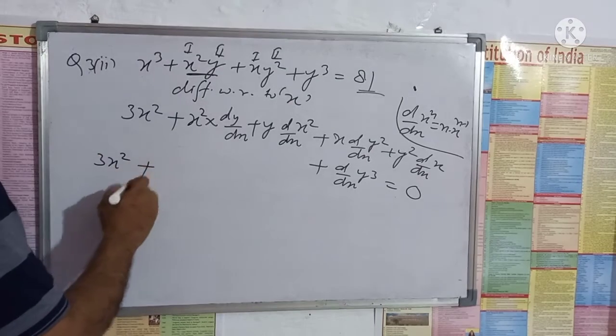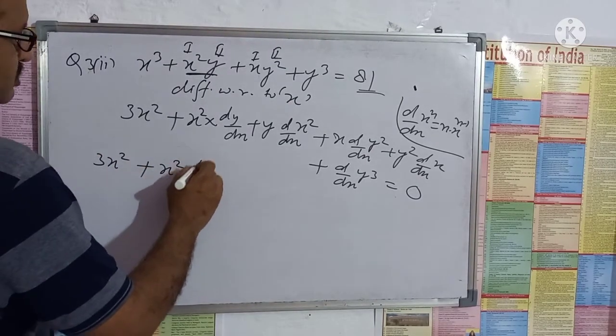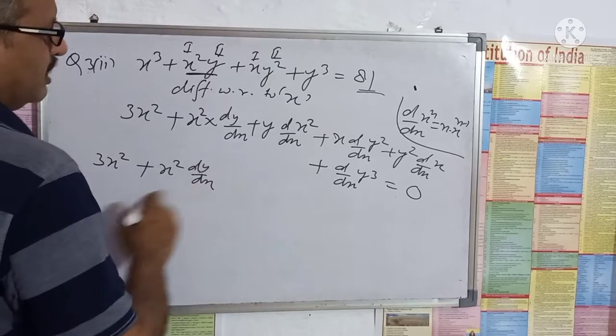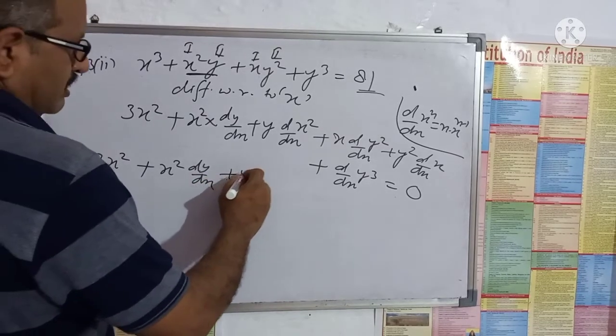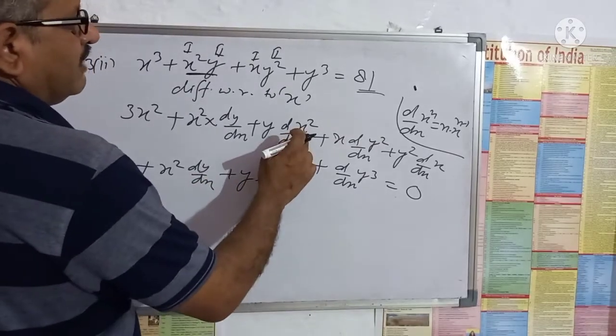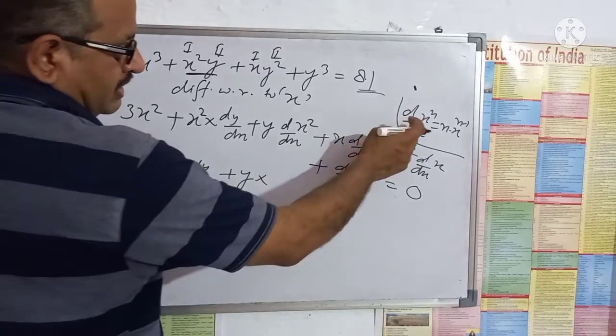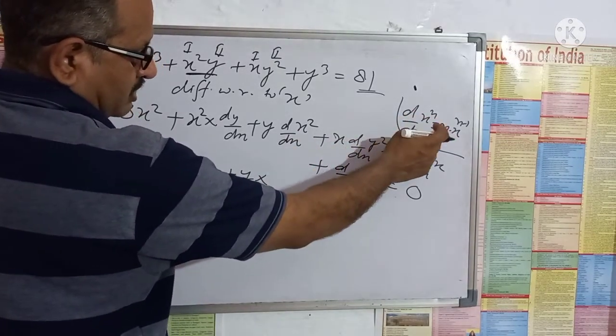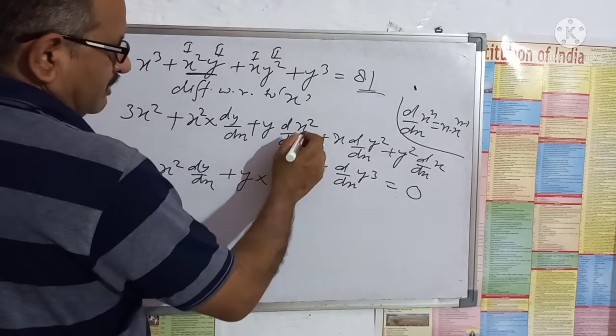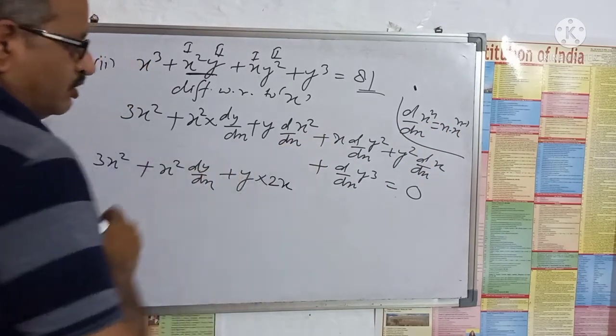So 3x square plus x square dy by dx plus y, derivative of x square, using d by dx of x to the power n. What will be the derivative of x square? 2x.